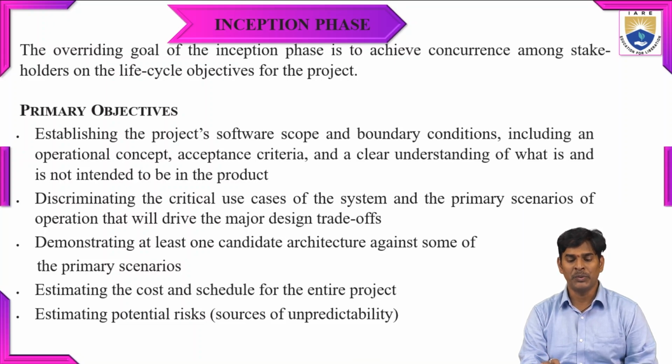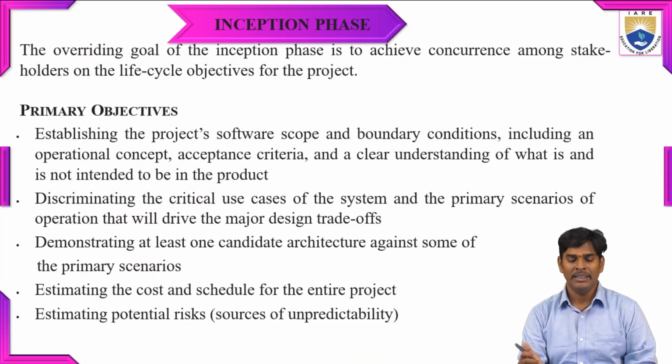The primary objective during this inception phase, the first one, is establishing the project software scope and boundary conditions, including an operational concept, acceptance criteria, and a clear understanding of what is and is not intended to be in the product.